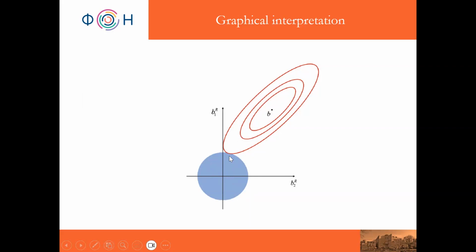So this point here, where the red line touches our blue surface, is our new ridge regression coefficients. As we can see, the values of both regression coefficients decreased.